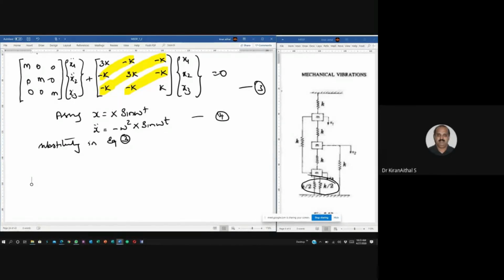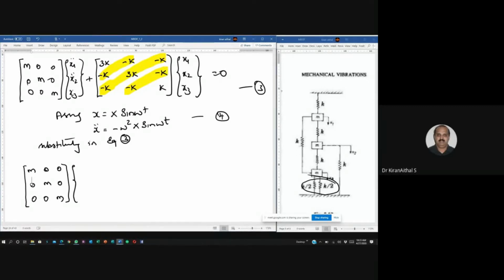So this equation remains as it is: m 0 0, 0 m 0, 0 0 m. I could have skipped this step, but I still want to show how we have gone with this one.